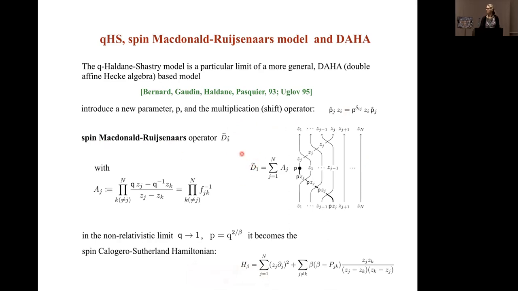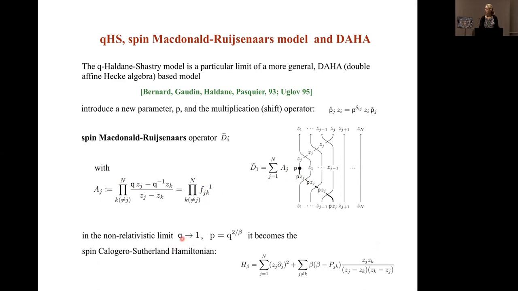So there is something like the Hamiltonian, which again in pictures will be this kind of interaction. You exchange the spins, and then you modify the coordinate of the particle by p, and there are some coefficients in the definition which are some particular functions.